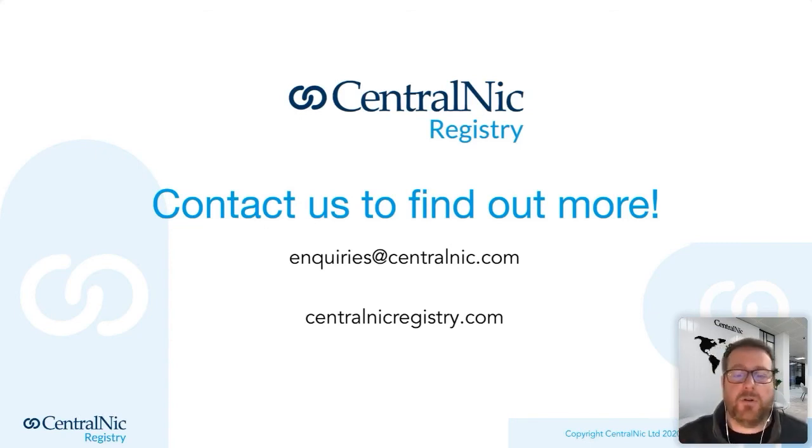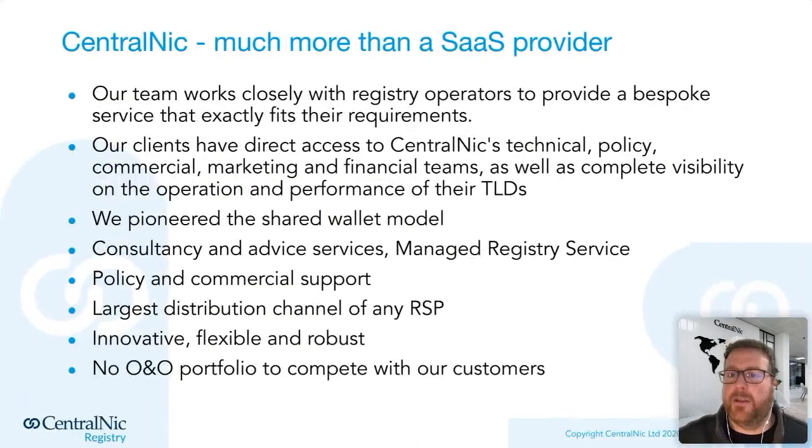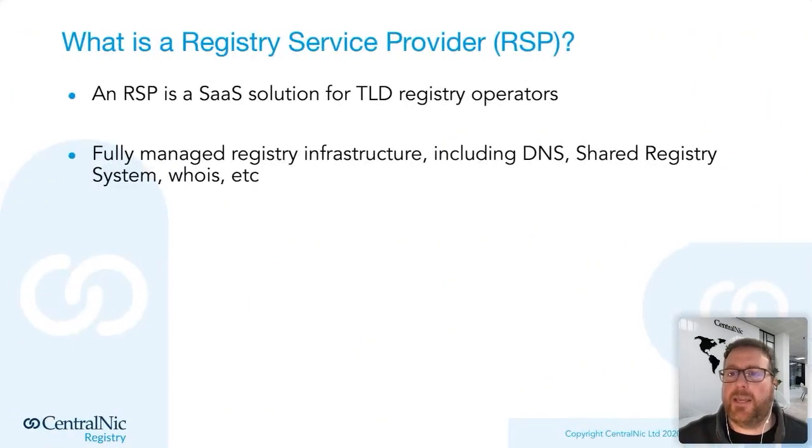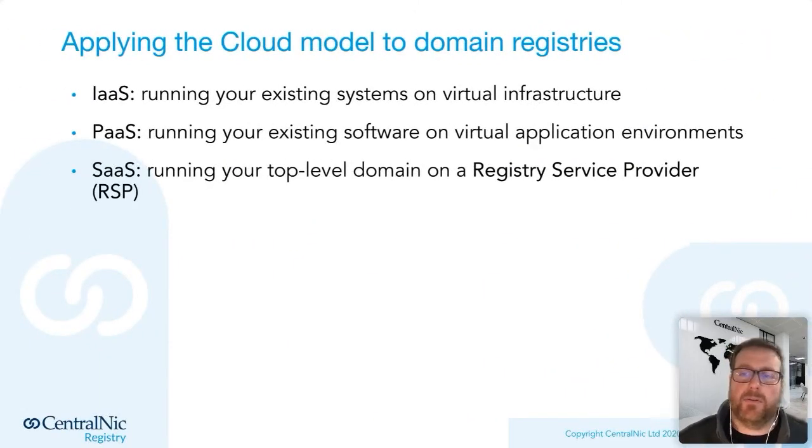Well, obviously, if you're operating on one of the lower tier models, the IaaS or PaaS models, then you have a degree of control over that, because ultimately you have a reasonable level of control over the systems that your registry system is running on.